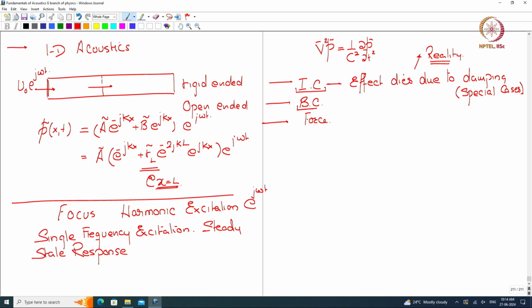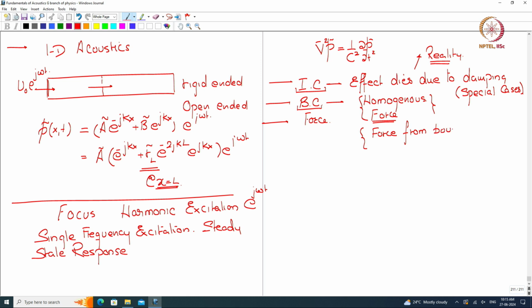Then with respect to boundary conditions, you can have homogeneous boundary conditions, that means zero value boundary conditions, and then you apply a force. Okay, so this is one combination. Or you could have a forcing coming from the boundary, like an oscillating piston.